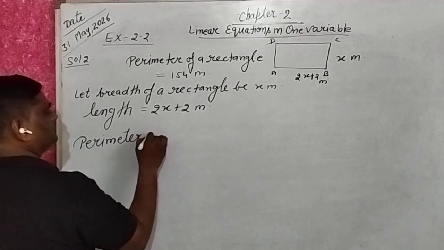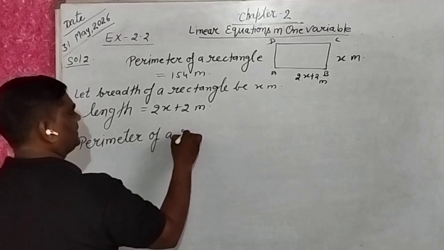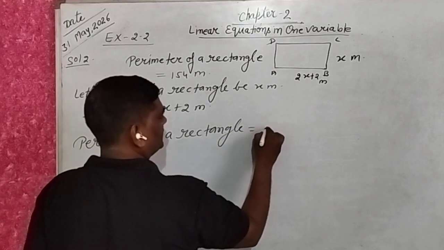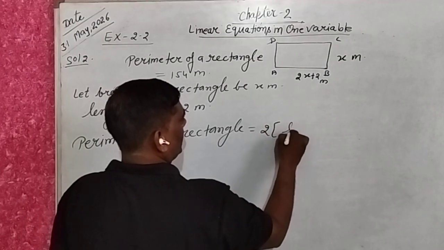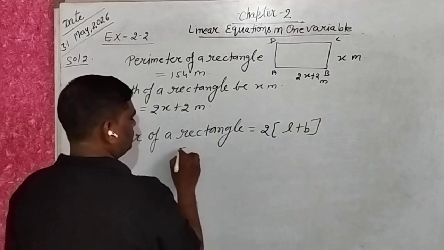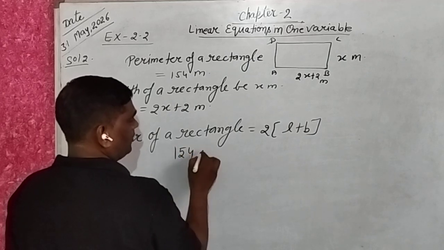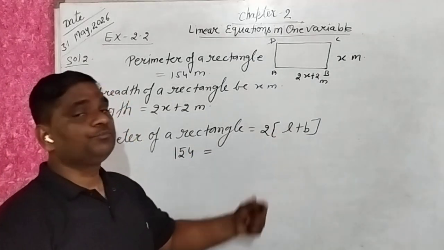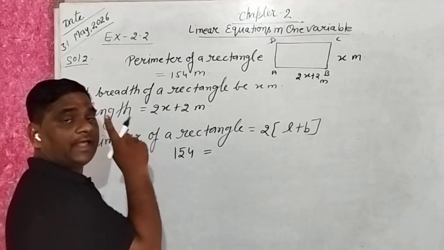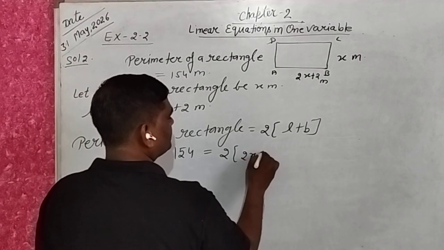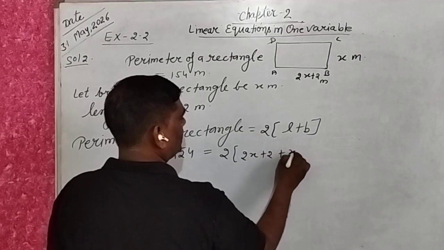The perimeter of a rectangle is 2 times l plus b is equal to 154. You have been given the perimeter 154. Put the value of l and b. 2 times 2x plus 2 plus x.